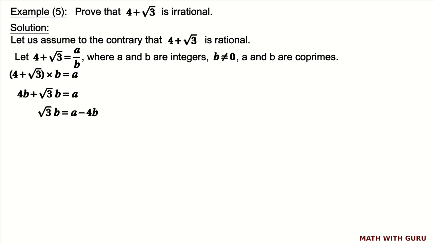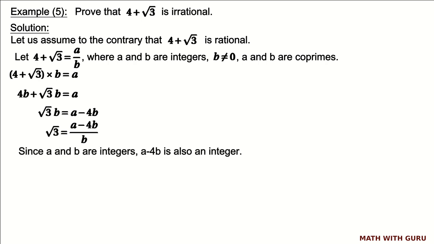Now bring 4b to the right hand side. Root 3b equals a minus 4b. Root 3 equals a minus 4b divided by b. Since a and b are integers, a minus 4b is also an integer. Let a minus 4b equals s, where s is some integer.